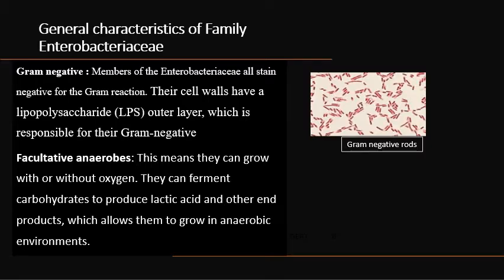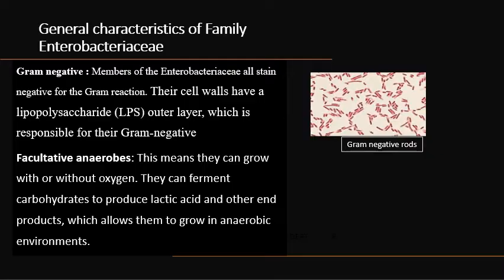Looking at their general characteristics as a family, they all have unique characteristics that make them belong to the family. That includes the fact that their cell wall is made up of lipopolysaccharide, and this is what is responsible for their staining characteristics, and that's why we classify them as gram-negative bacteria.